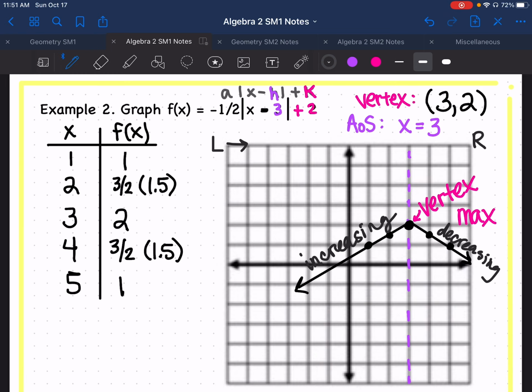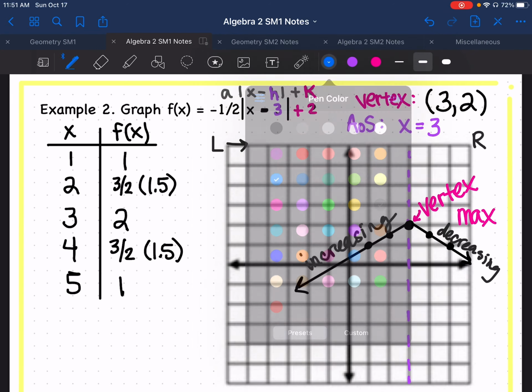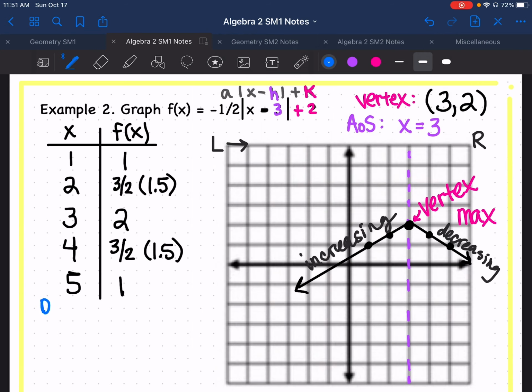All right, what's left? The domain and the range. So remember, your domain are your x values. And just like I said, it should be negative infinity to positive infinity because you should see those arrows on either end, and you do.